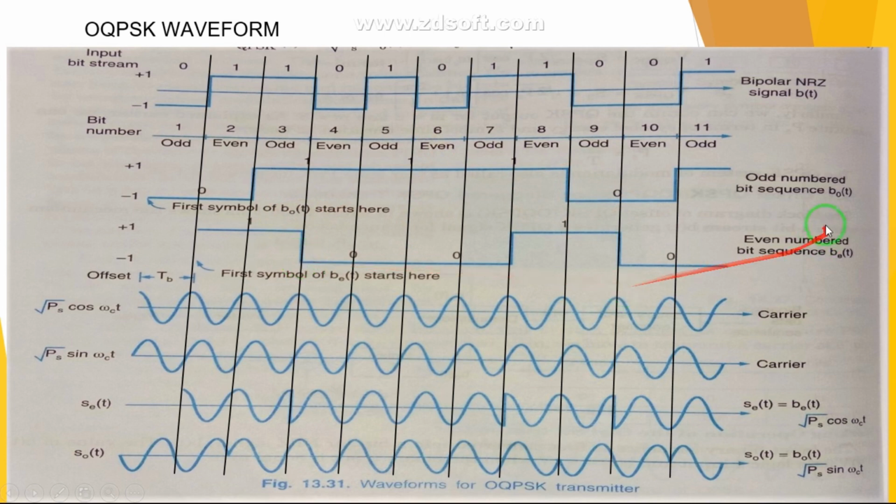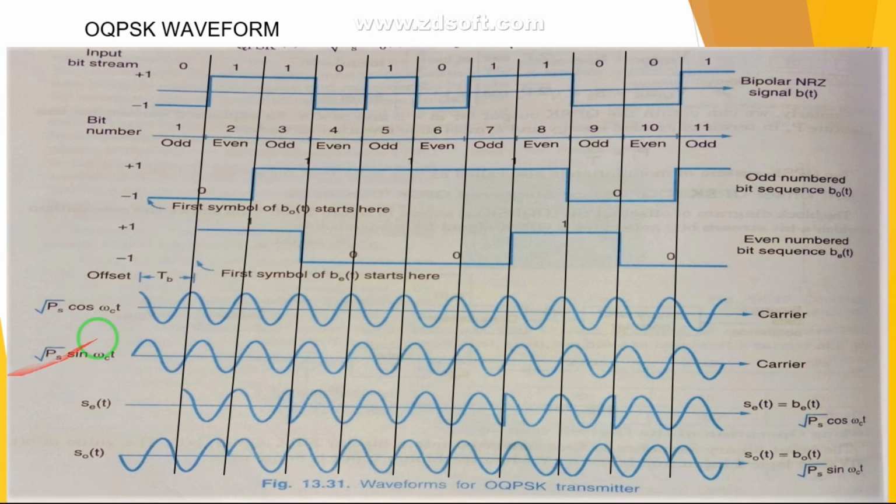The bit stream B of ET, which could be +1 or -1, is superimposed on the carrier root PS cos omega CT. And the odd number bit sequence, B of OT, which is also +1 or -1, is superimposed on a carrier root PS sine omega CT.